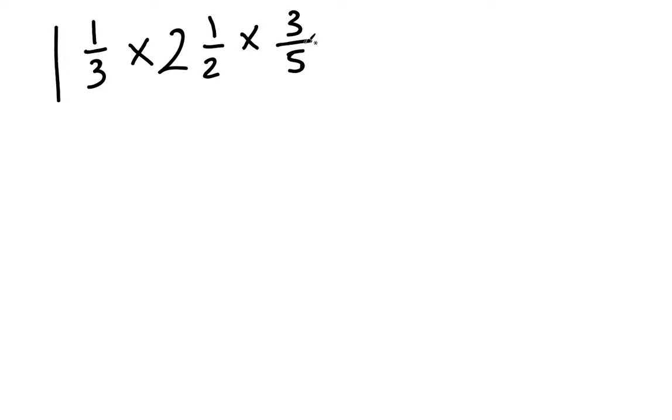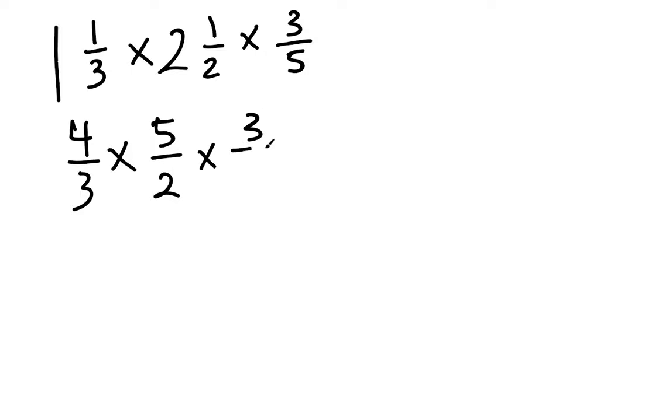Now, one of the first things you would want to do is to change these mixed numbers into improper fractions, so we're just working with fractions versus mixed numbers. So 3 times 1 is 3 plus 1 is 4. So this is 4 over 3. 2 times 2 is 4 plus 1 is 5. That's 5 over 2 times 3 over 5.